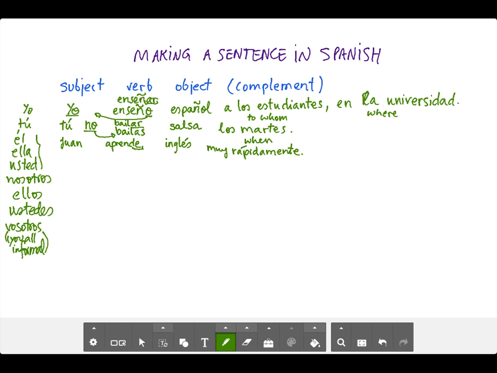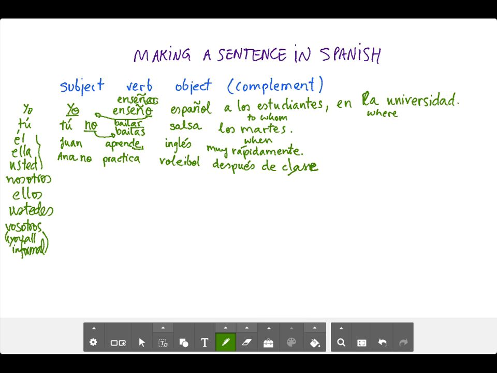You can also have an ella subject, so we'll have Ana, then no practica voleibol después de clase. So after class, Ana después de clase, not after class. ¿No?